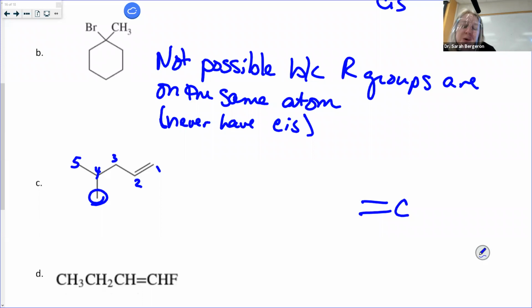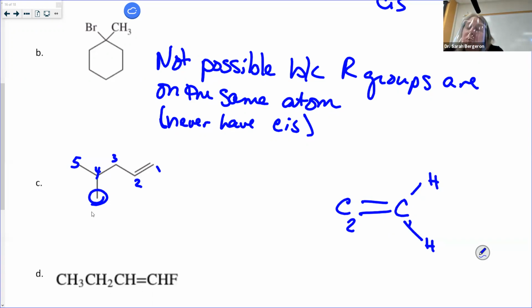Okay, so here's carbon 1, here's carbon 2. What's attached to carbon 1? Hydrogens, 2 hydrogens. So what I'm going to do is go 1 up, and 1 down, right? Because it's 2 hydrogens.